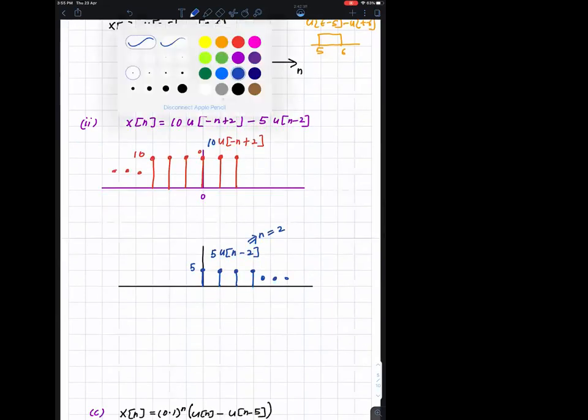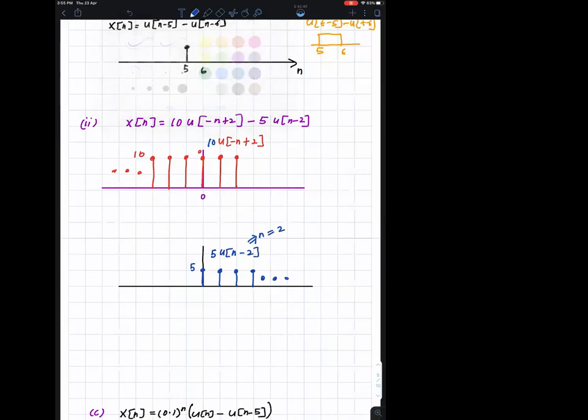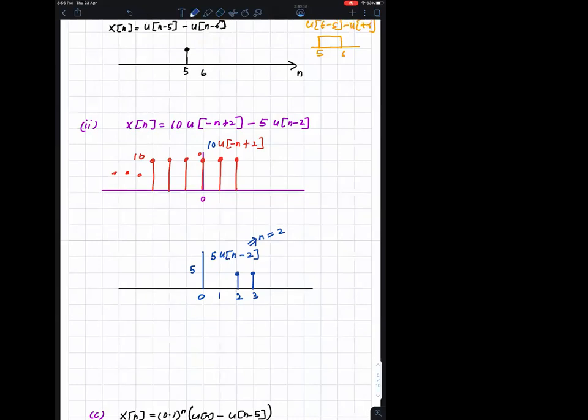So let me do that. Okay, this was 0, 1, 2, 3, and so forth. So the signal gets shifted to the right by 2.